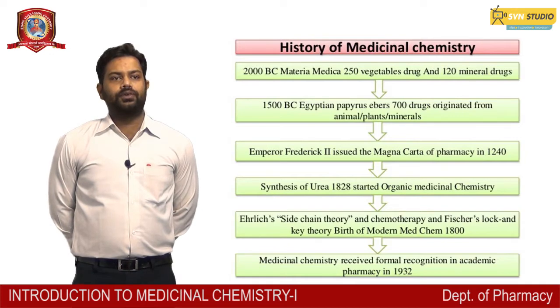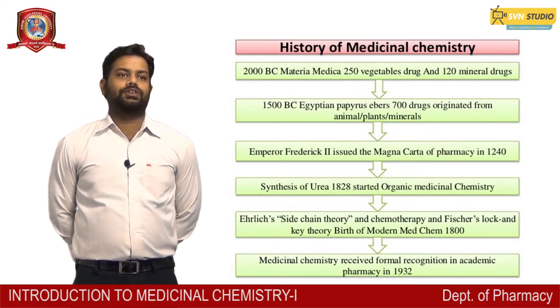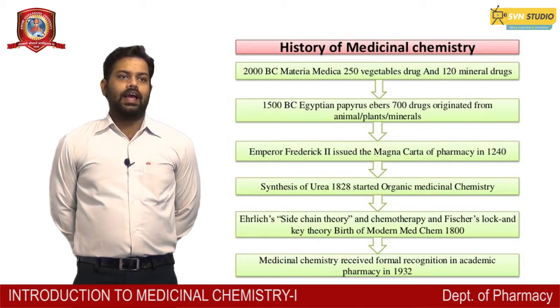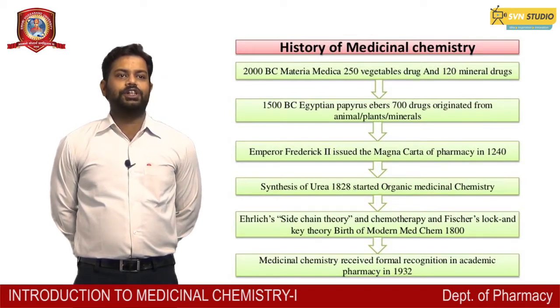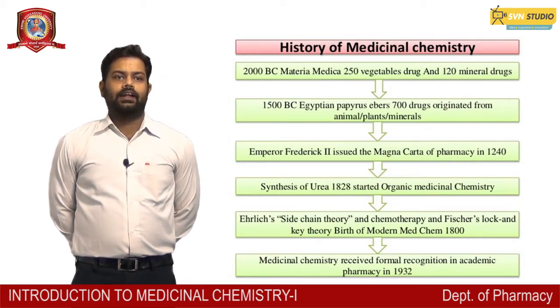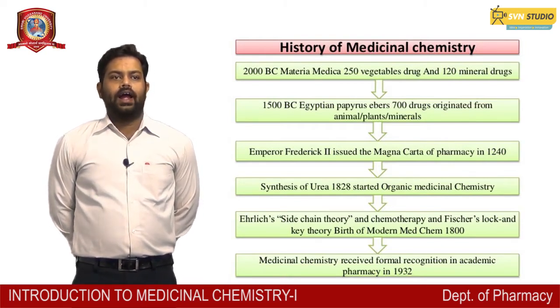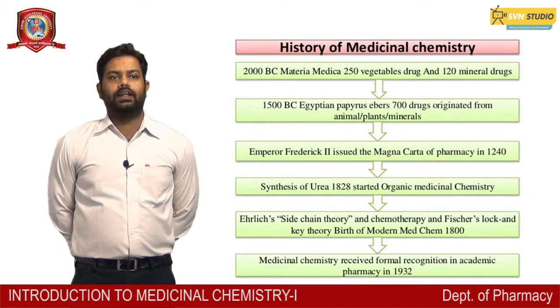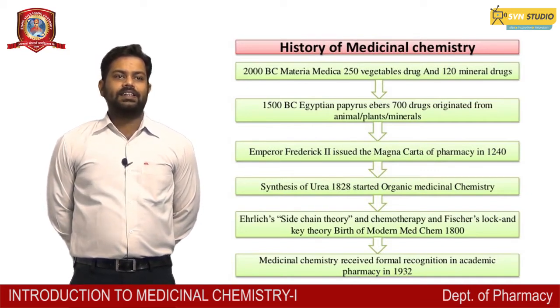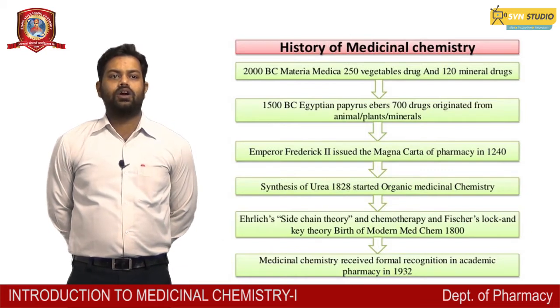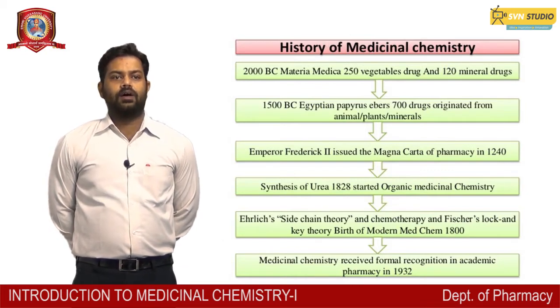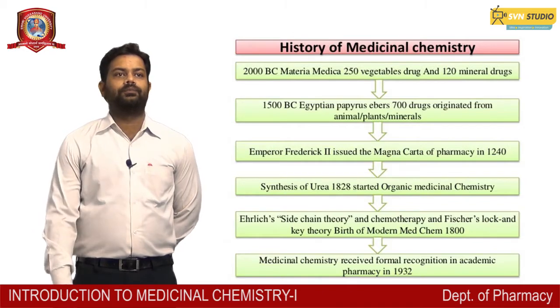The synthesis of urea in 1828 started organic medicinal chemistry. The side chain theory, chemotherapy and Fischer's lock and key theory gave birth to modern medicine in the 1800s. Medicinal chemistry received formal recognition in academic pharmacy in 1932.